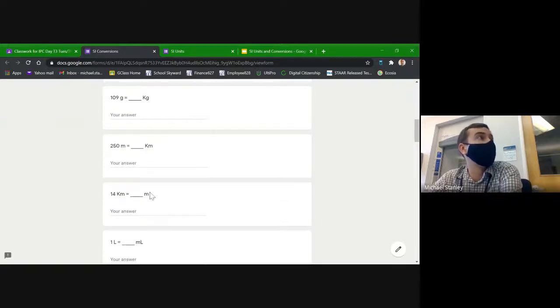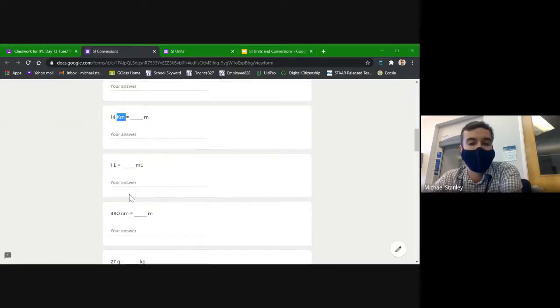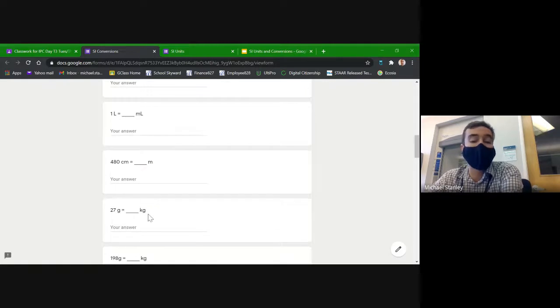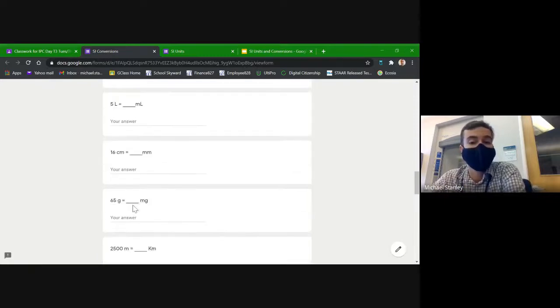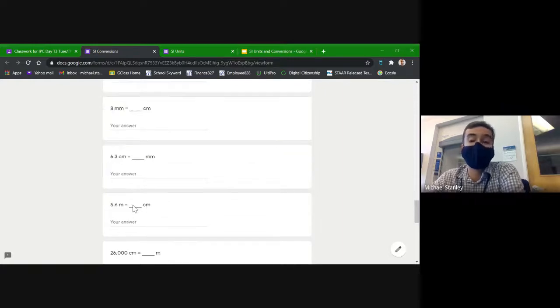How many meters are 14 kilometers? How many kilograms are 27 grams? For each one, you'll fill in your answer using that ladder method: starting point, ending point, how many jumps, moving the decimal that many, and filling in any blank spaces with zeros if you need to.